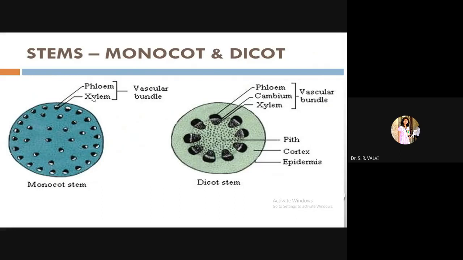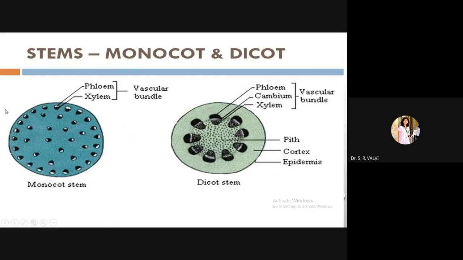So that is the main difference between this dicot stem and monocot stem. Means at a first look, suppose you are observing your section under 10x under a binocular microscope, then you are going to have such a section. So by looking at the internal tissue, you have to predict whether this section is of monocot or dicot.